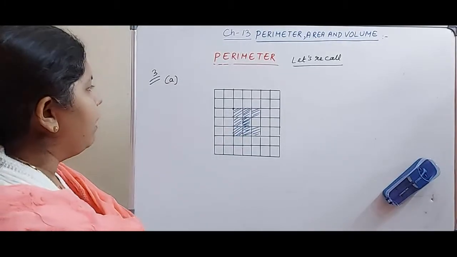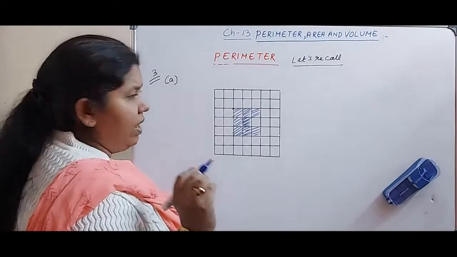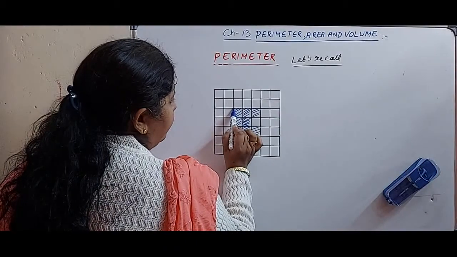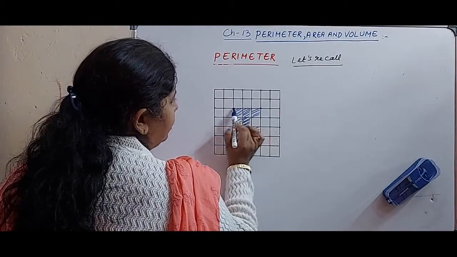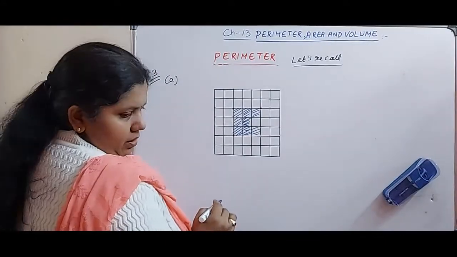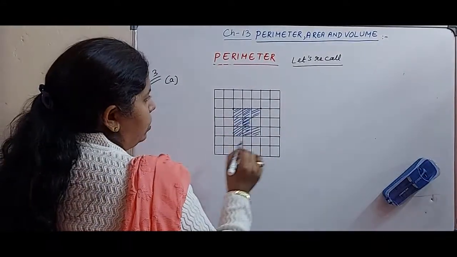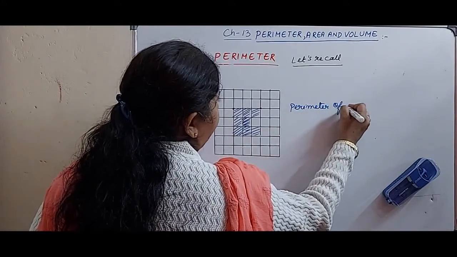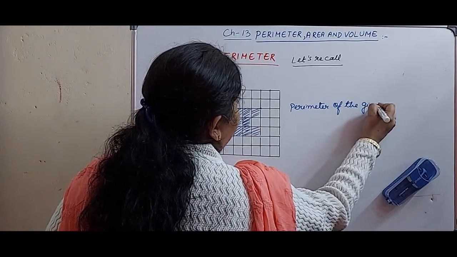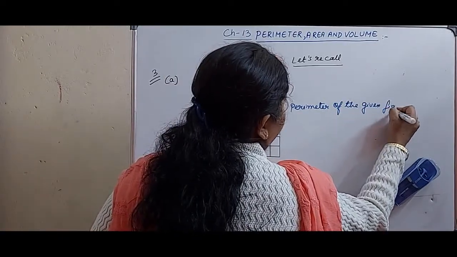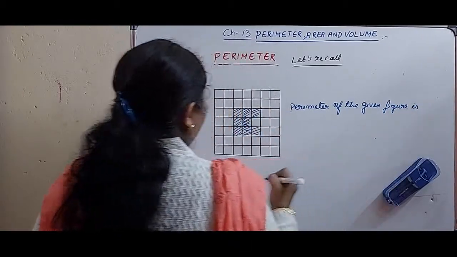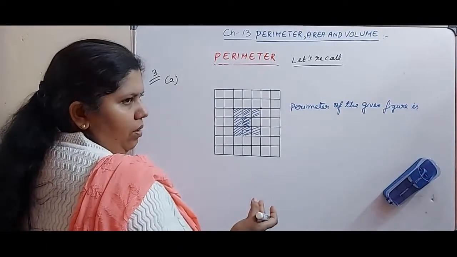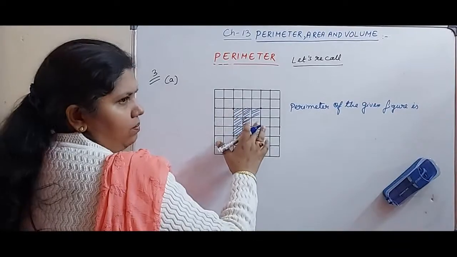For this, see, each square is 1 centimeter. Already we have measured and we have made the grid. So see this length from this place to this place. How much is it? It is 3 centimeter. Yes or no? So the perimeter of the given figure is, if you are having any type of problem, the best is you can give names to the corners also.